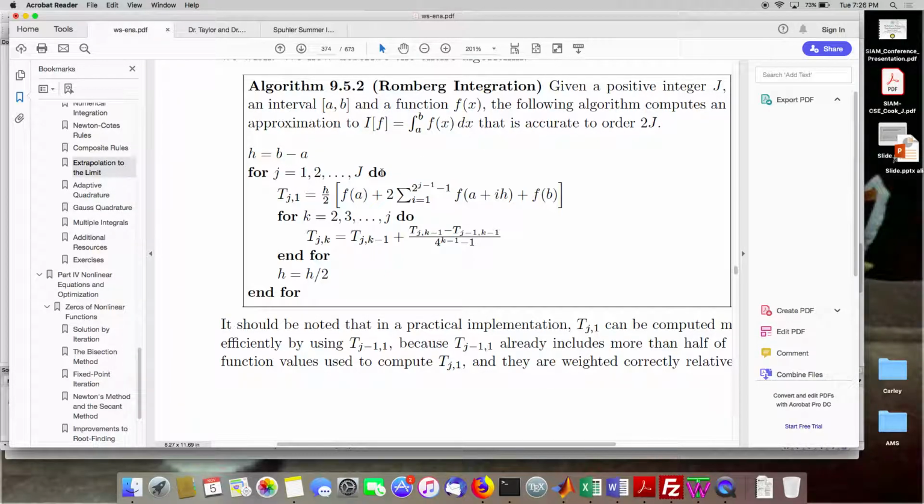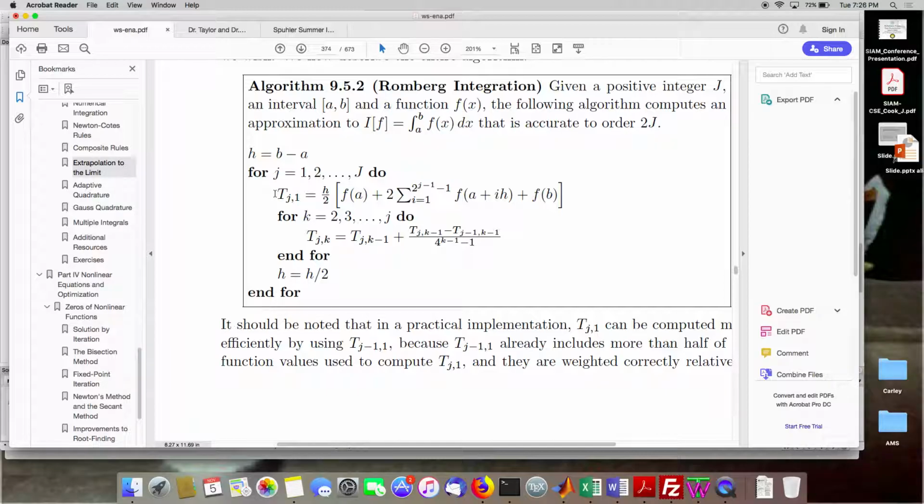So what I can do here is, this is just the trapezoidal rule with different spacings h. First, I only have one subinterval, so h covers the whole interval. The first time around, it's a basic trapezoidal rule.